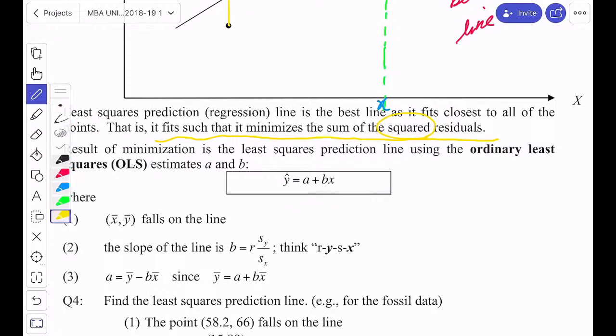Now this looks like the equation of a line, except that I put a hat here. In mathematics we write the line as y equals a plus b x, and that line goes infinitely in both directions.